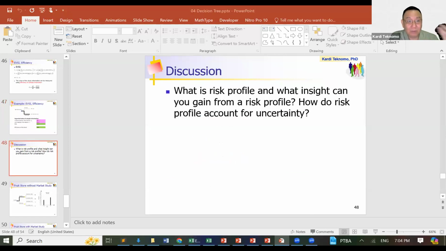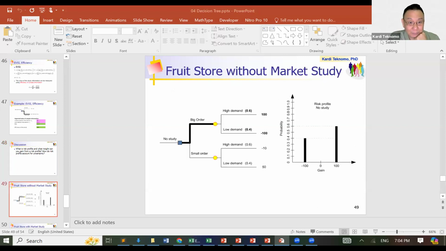Now, if you already know those things, you can also plot the risk profile, and probably you can gain certain information based on this risk profile change. So this is the fruit store problem without market study.